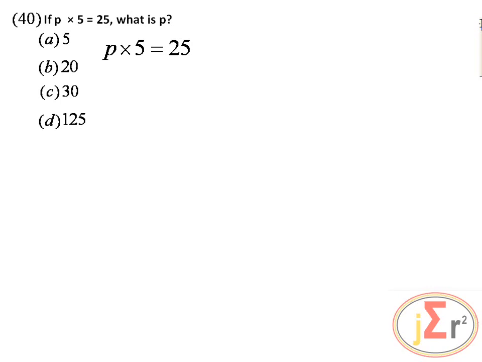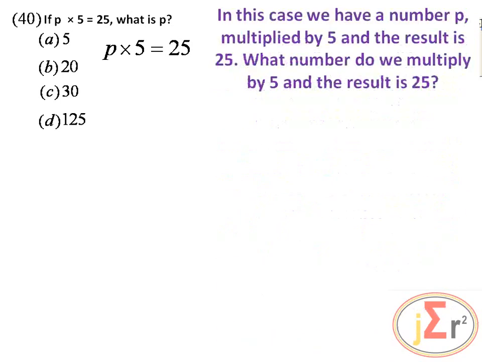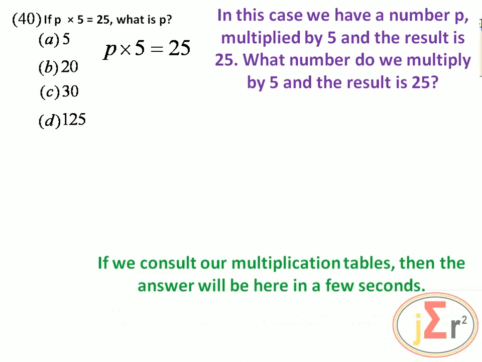So if p multiplied by 5 is equal to 25, what is p? In this case, we have a number p multiplied by 5 and the result is 25. What number do we multiply by 5 and the result is 25? 5. Jerry is saying that it is 5. Of course, because Jerry is sharp on his multiplication table. 5 5s are 25, as easy as that.